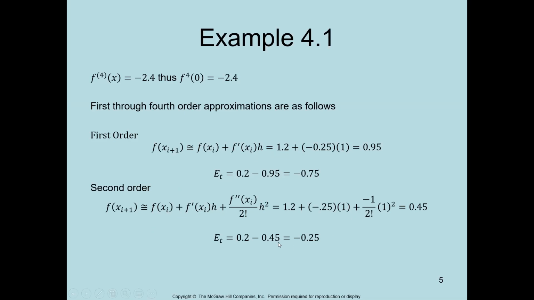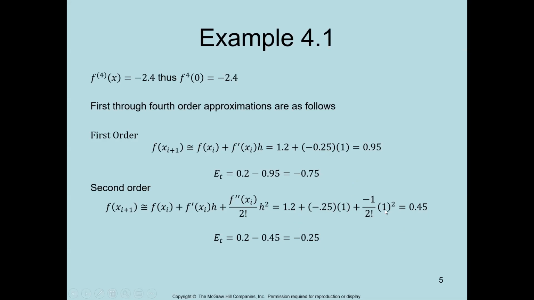By the same way, the second order approximation will include the first 3 terms of the Taylor series. Many of these calculations will be repeating. You can see that the first 2 terms will be the same, as we have already calculated. Only there will be the addition of the third term. Earlier we already calculated f double prime, which is equal to -1, so we will just input this value.